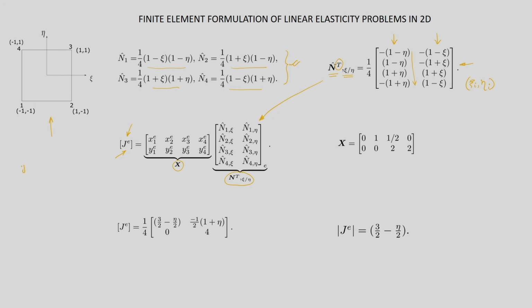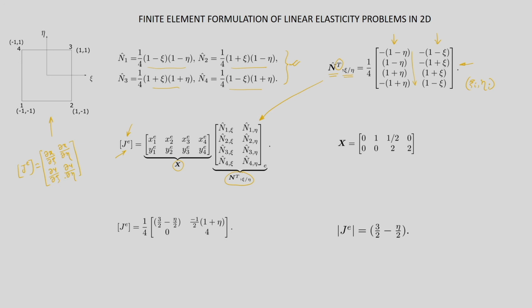We said that the Jacobian in a given matrix looks like this: del x by del xi, del y by del xi, then del x by del eta and del y by del eta.